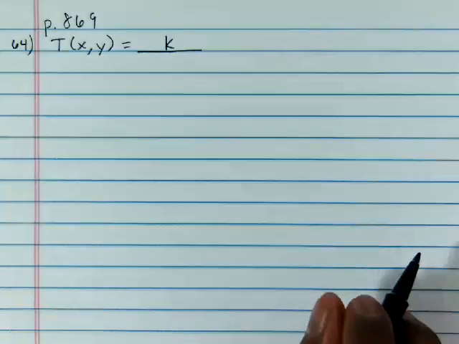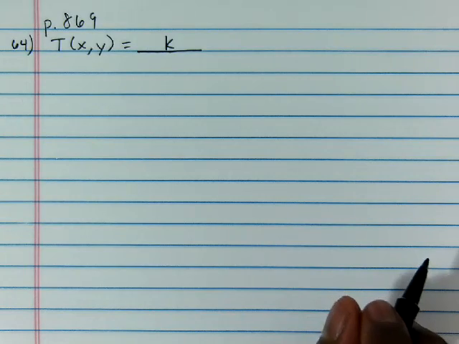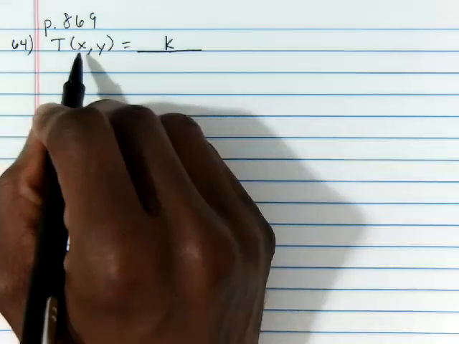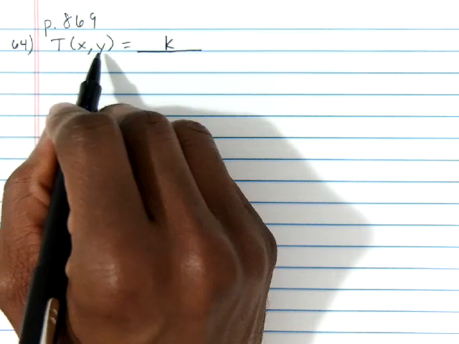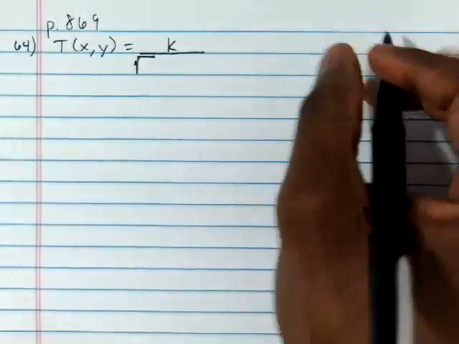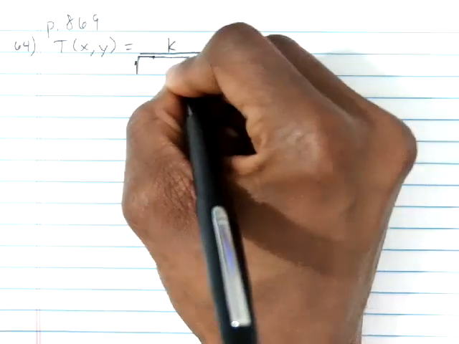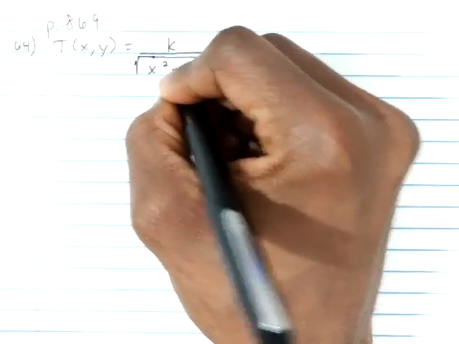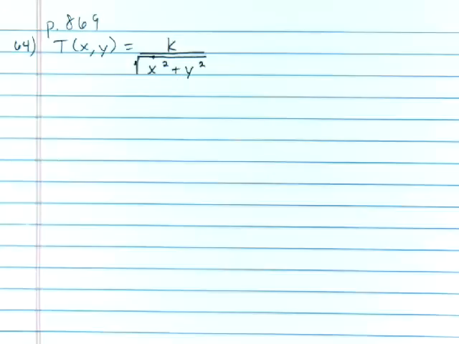And they say inversely proportional to the distance from the origin. So the distance of a point x, comma, y to the origin is the square root of x squared plus y squared. So that's the temperature function.